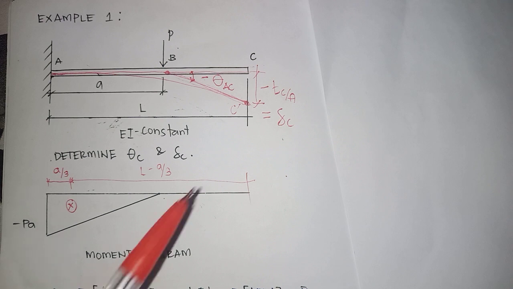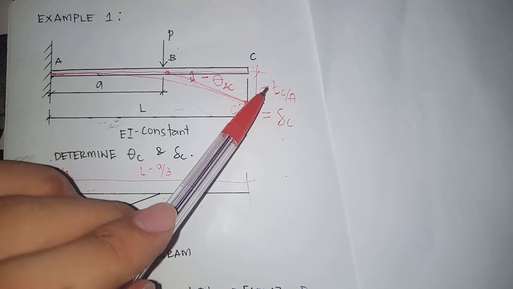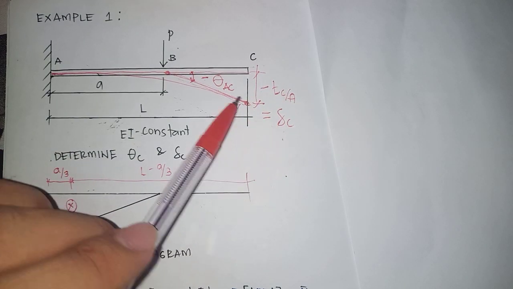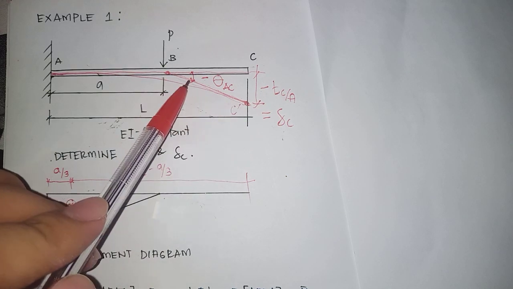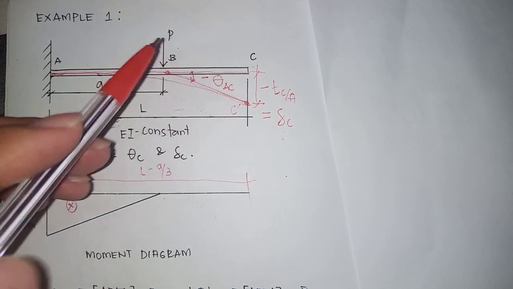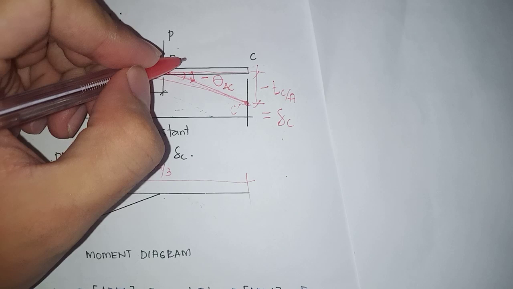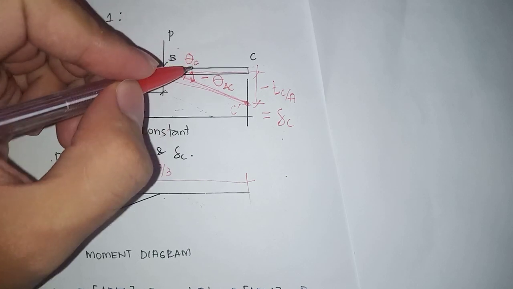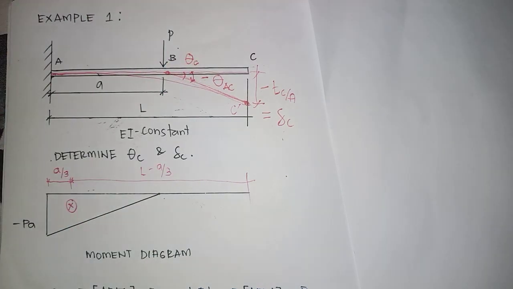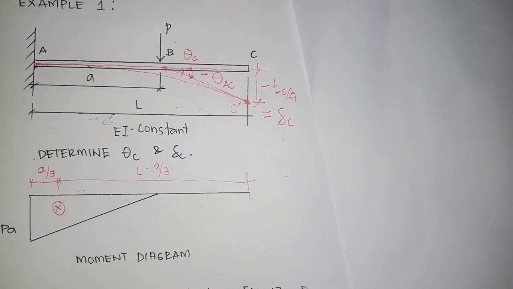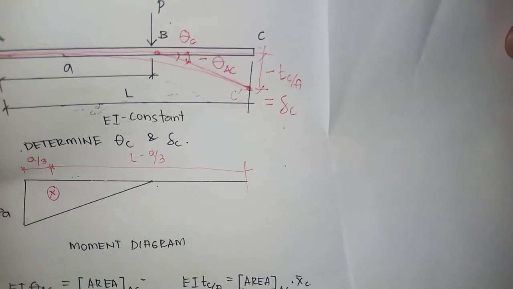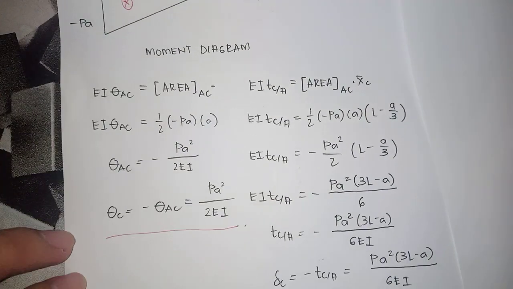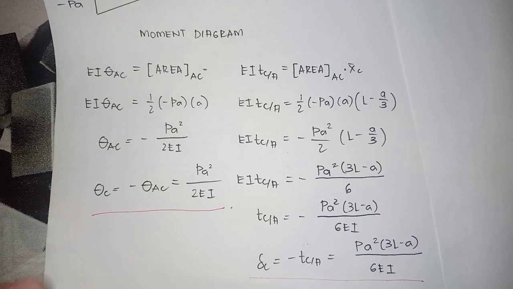And actually, ito yung deflection sa point C. So as we all know, or as we see here, negative TCA is equal to delta C. And kung ito yung negative theta AC, actually ito rin yung theta C. Okay, so proceed tayo sa pagkuha ng area, kasi kailangan natin yon pagkuha ng slope tsaka ng deflection. So we have here our solution.